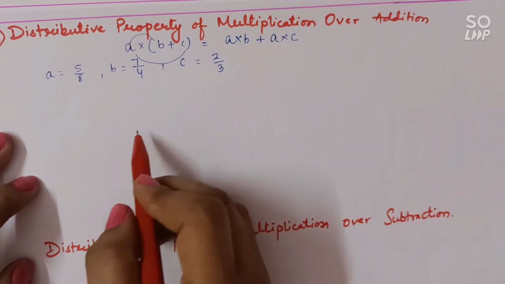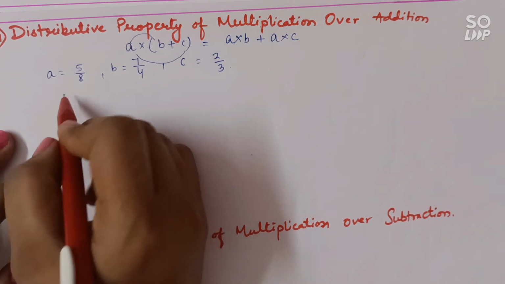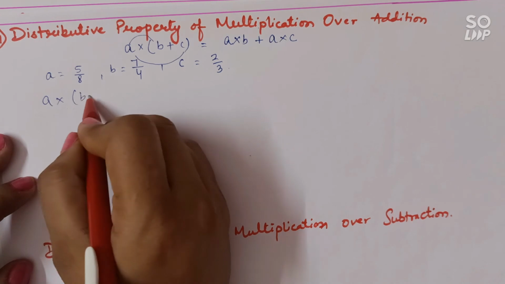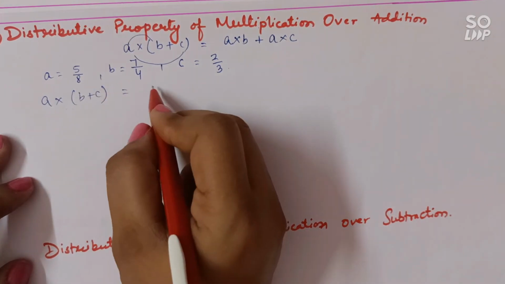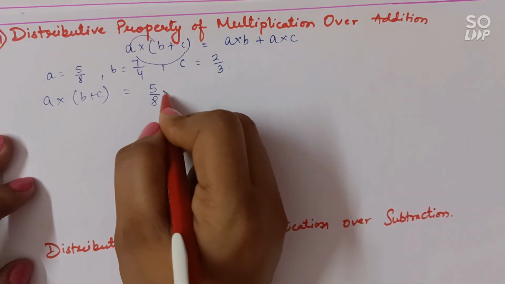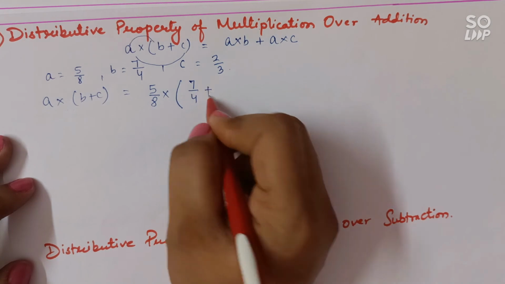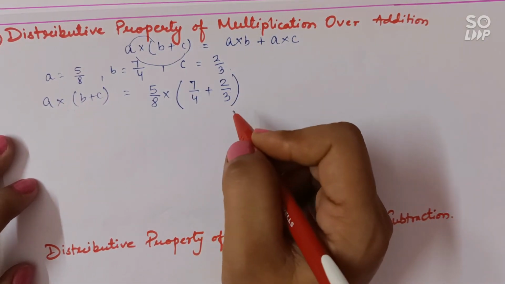Now we'll see for this. LHS, A into B plus C. Now what is A over here? A is 5 by 8 multiplied by B. B is what? 7 by 4 plus 2 by 3. C is 2 by 3.